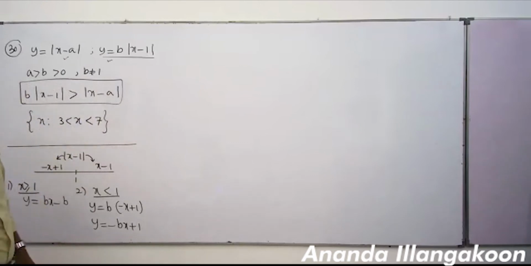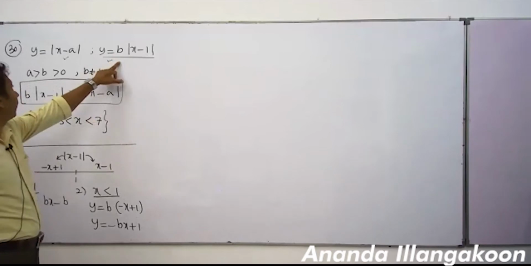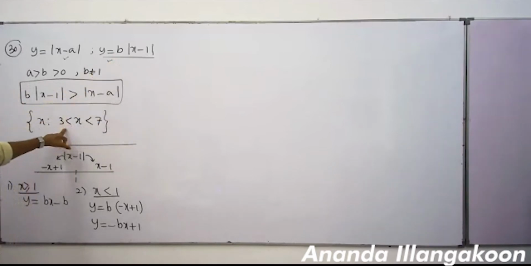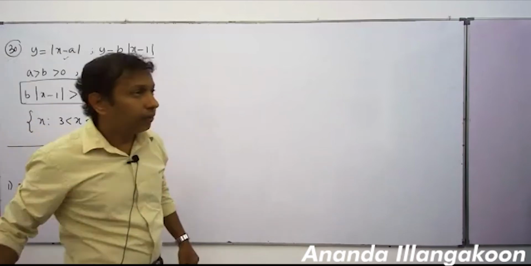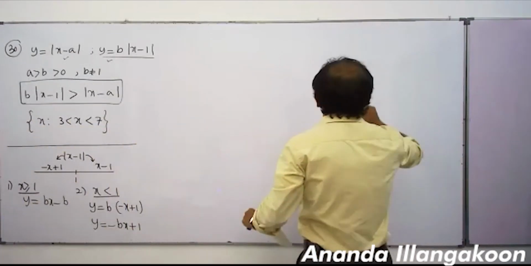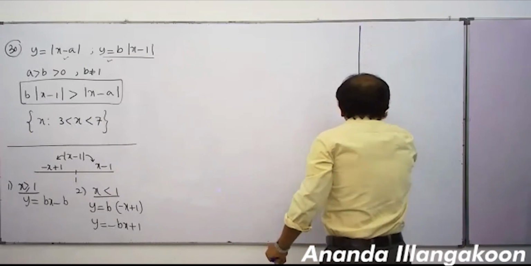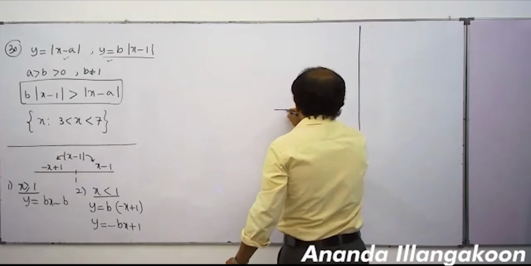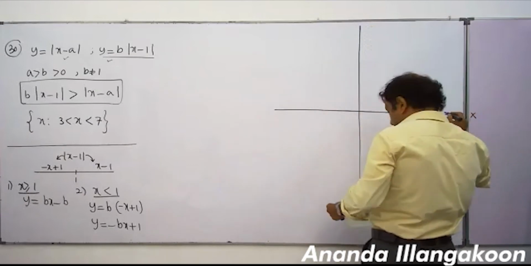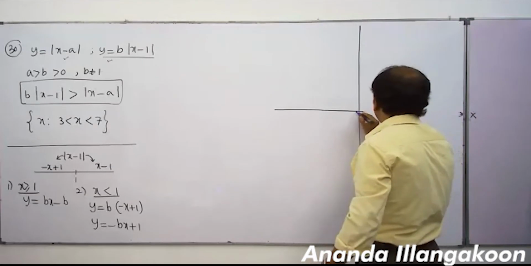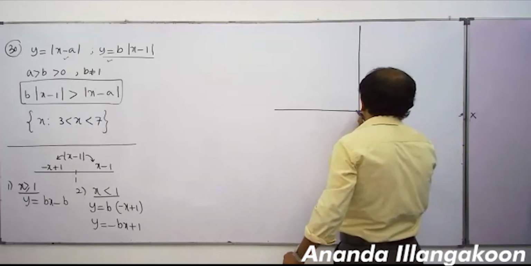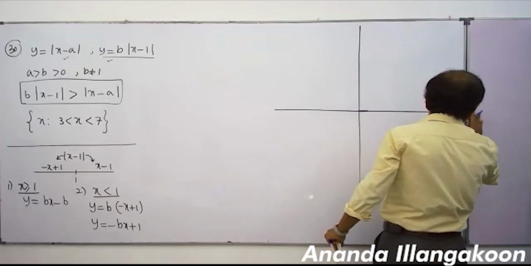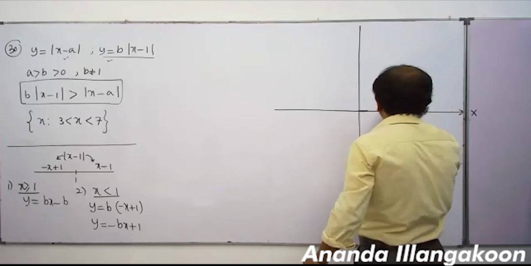Okay. Yeah. Now this graph greater than this in between 3 and 7. Then I draw it like this. X is 1 here.